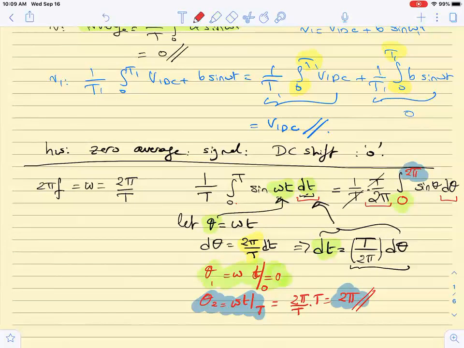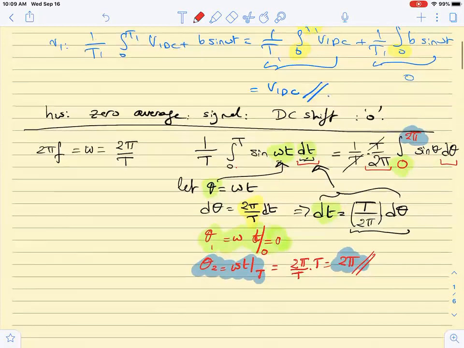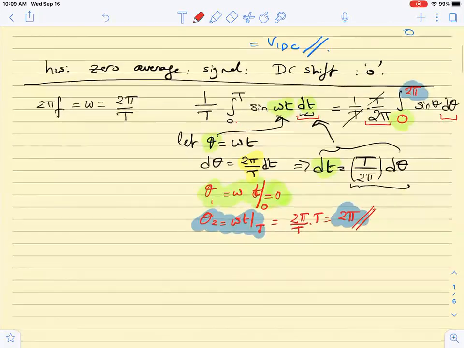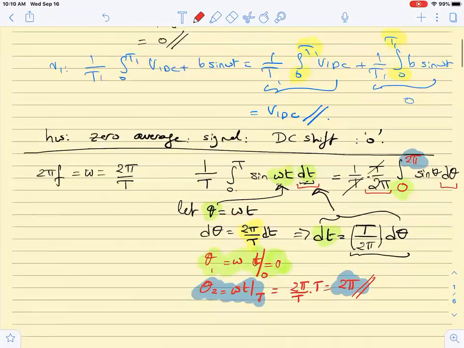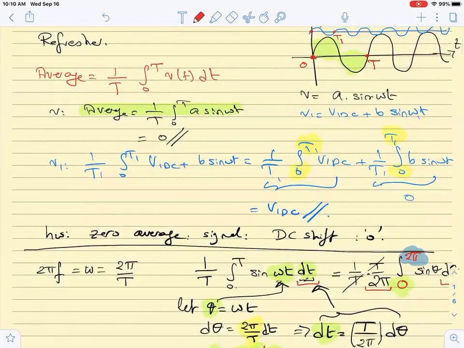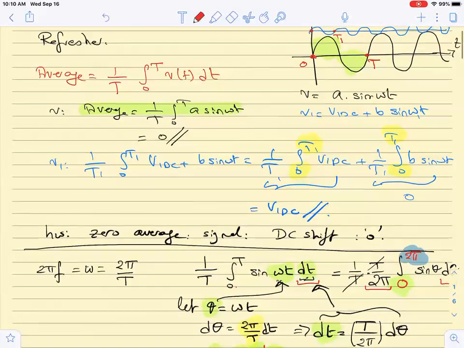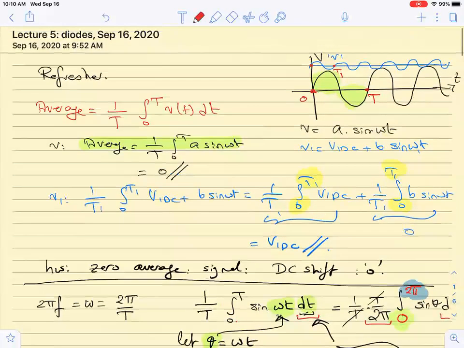Okay, right, but I didn't use the integral, I directly wrote times 2 over pi, which gives the average, depending on what the average is, right? But if we tell you a signal has a zero average, this means that it does not have a DC shift, because it only has a sinusoidal component, over the period the integral will be zero. Okay? Did you all get refreshed on this topic?